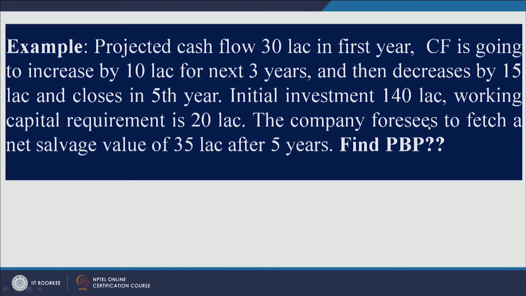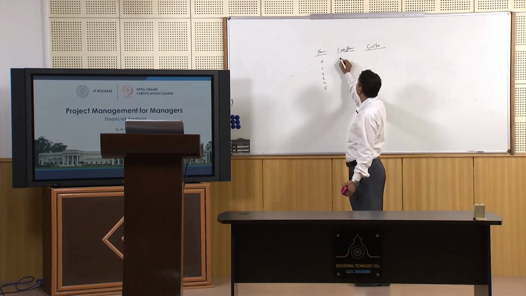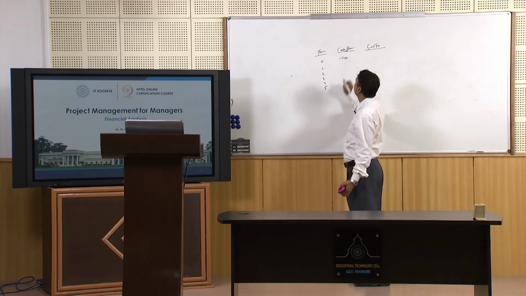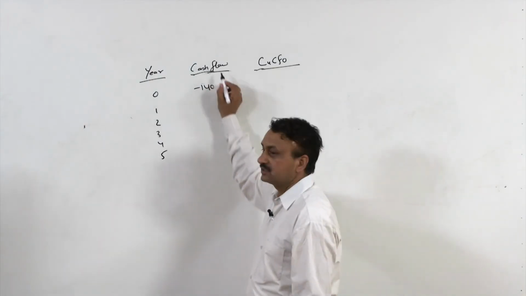Just go through this question and we will solve it now. So what is the question? What is the initial investment? It's 140 lakh, right? So this is minus 140. And how is cash flow changing?